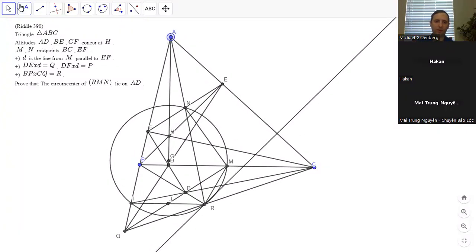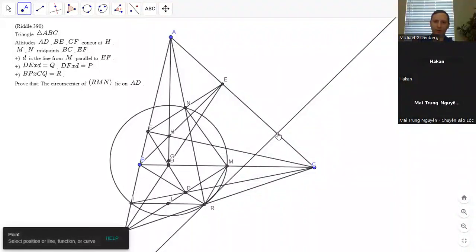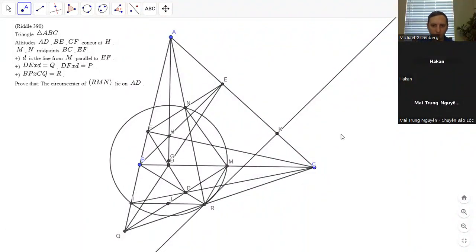But can we say anything about this distance right here? This perpendicular distance. Do we have any similar triangles?